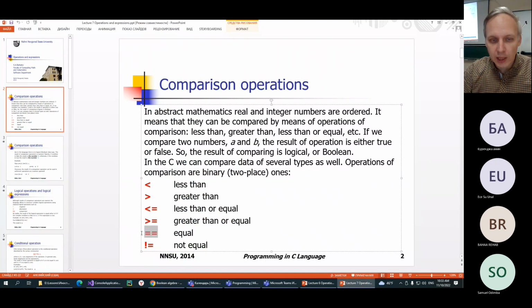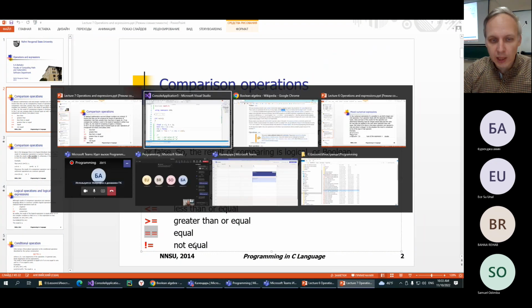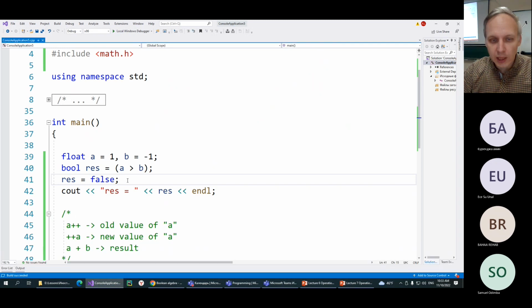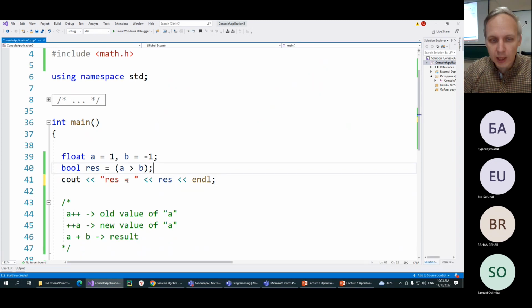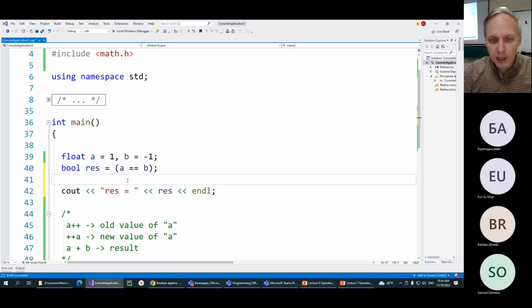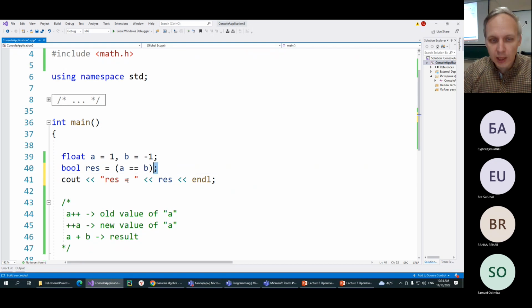Well, there are also operations that compare two numbers, equal and not equal. A equal B. What will be the result? A equals B is false, of course, because A is 1, B is -1.